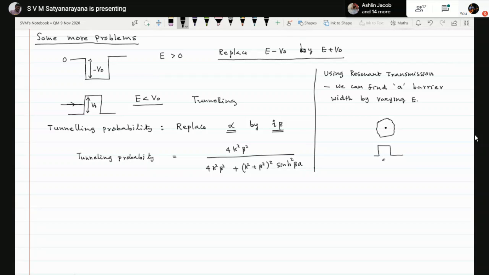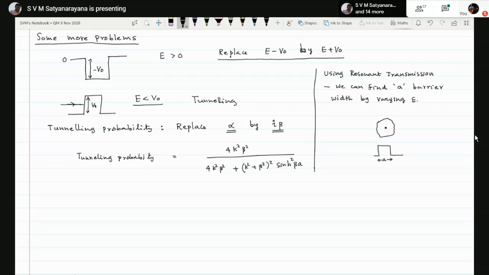So this is your A. This is like a scattering center. Now you go on sending particles with different energies. Now you see at some particular energy there will be resonant transmission.